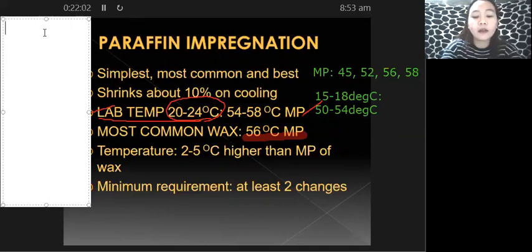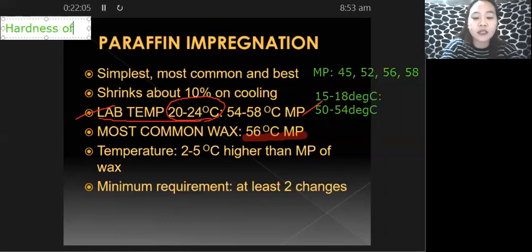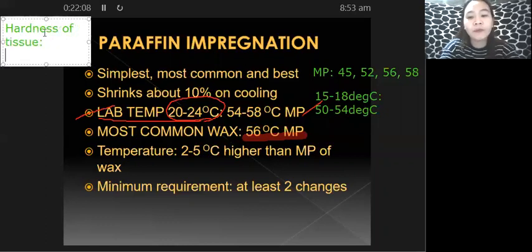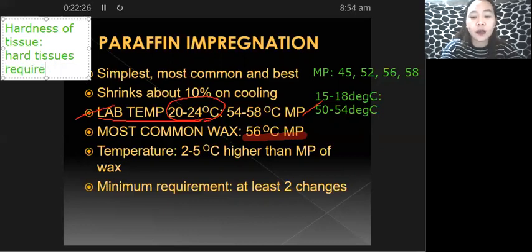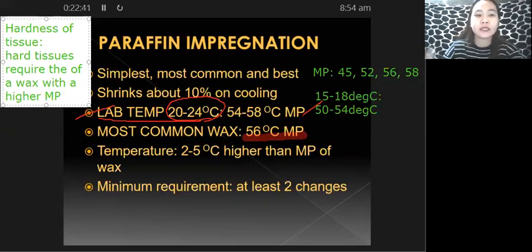Another consideration is, of course, the hardness of your tissue sample. In general, our rule when it comes to impregnation and embedding is that the harder the tissue, the higher the melting point should be. So hard tissues require the use of a wax with a higher melting point.